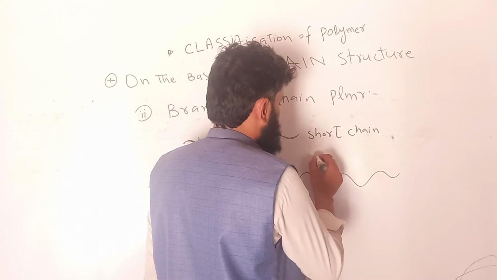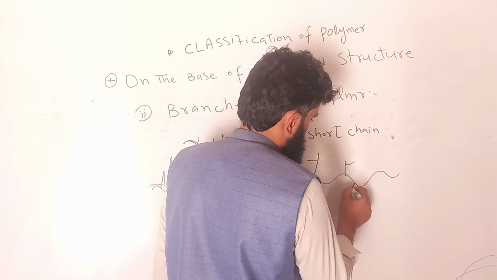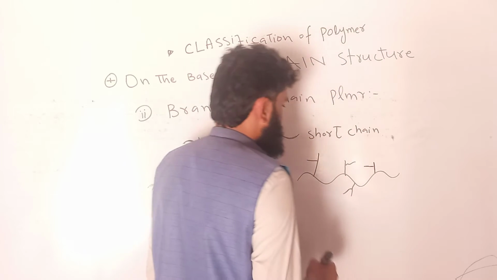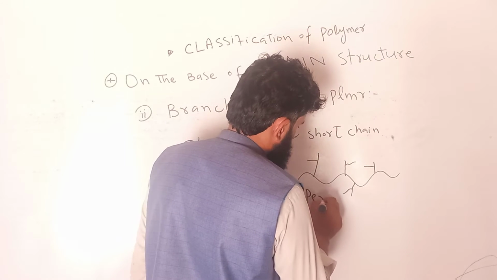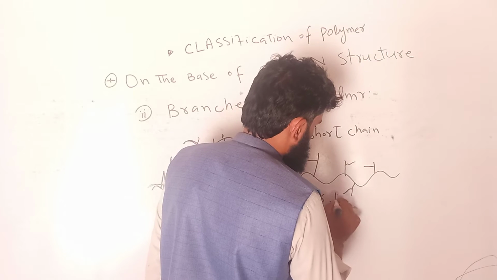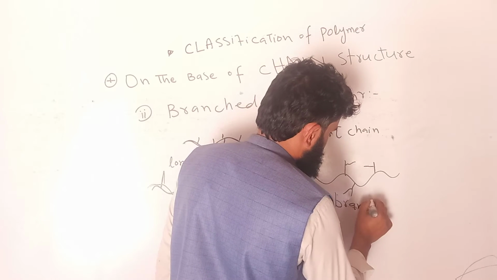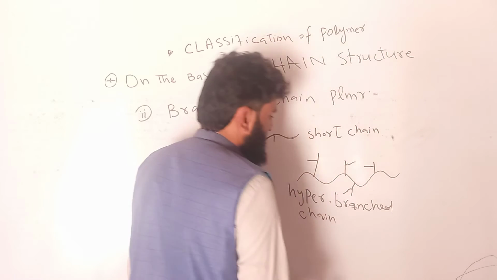There is another type of polymer, for example, this. Clear? So these are known as hyper branched chain polymer. Clear?